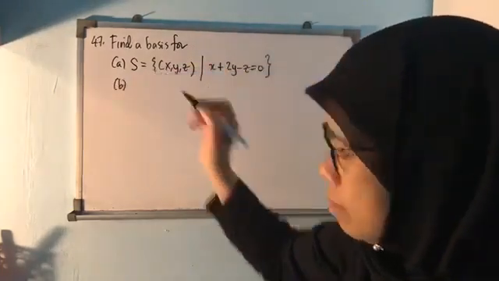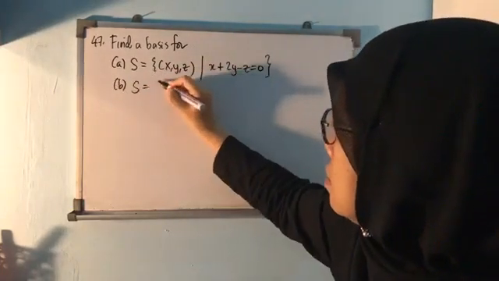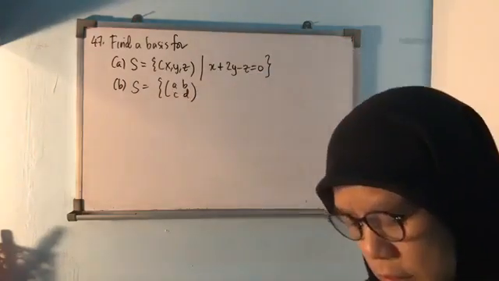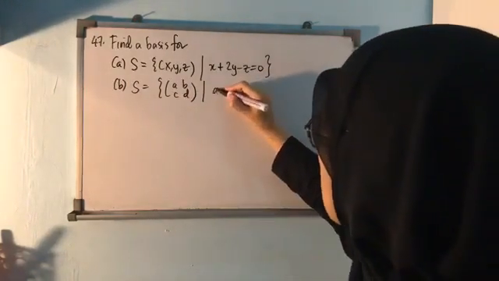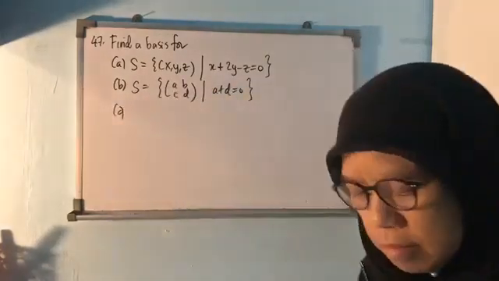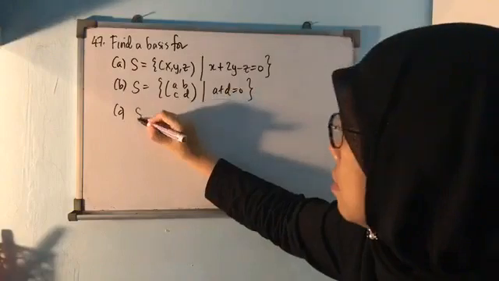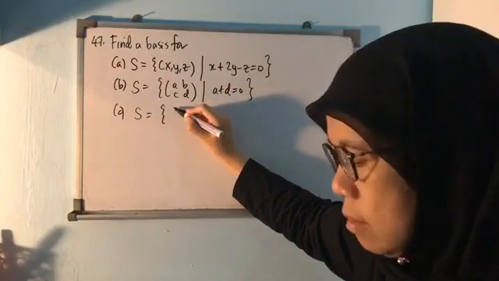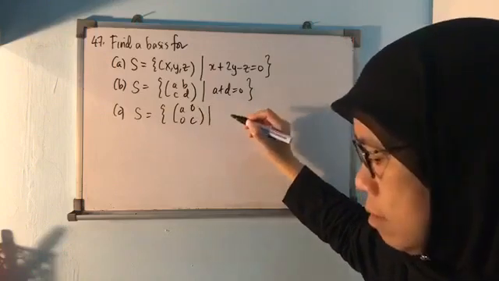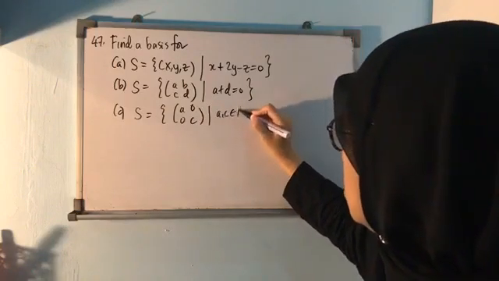B is A, B, C, D, where A plus D is 0. C, S is A, 0, 0, C, with A, C in R.